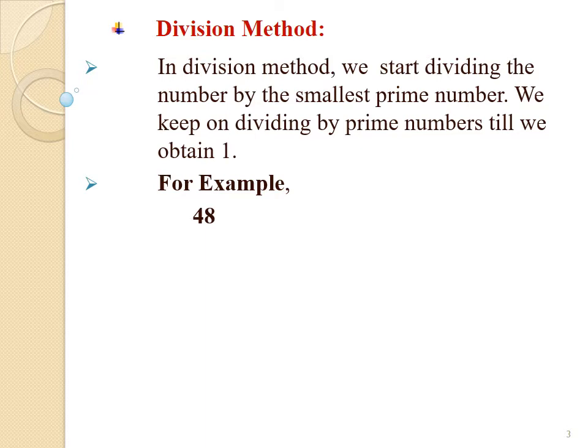Students, now we have to start dividing a given number by smallest prime number 2. We have to write smallest prime number 2 outside the line. Keeping in mind the divisibility test, we have to divide the given numbers.